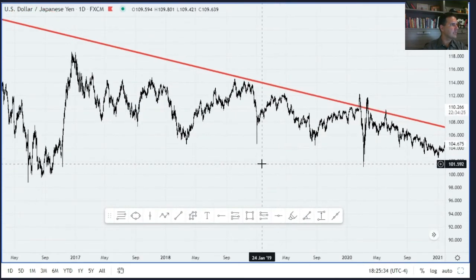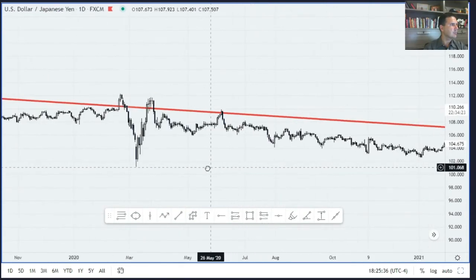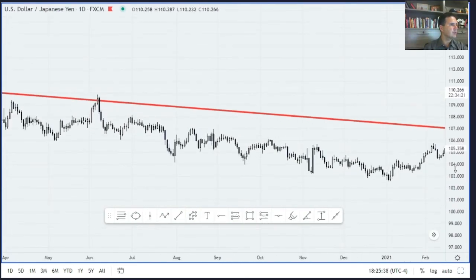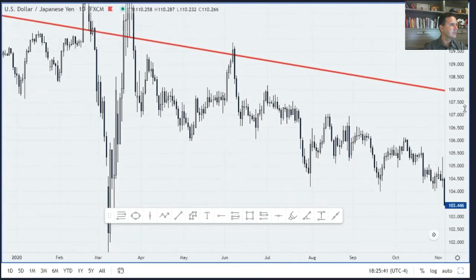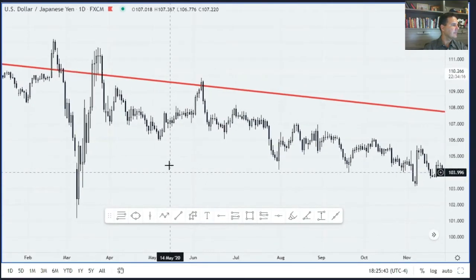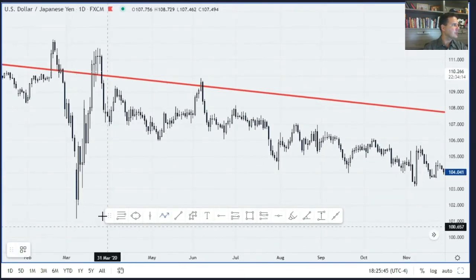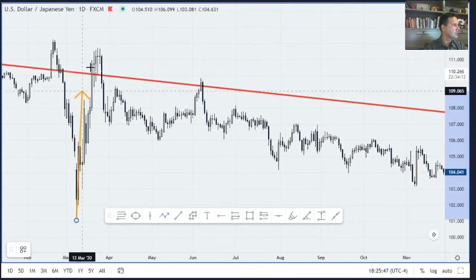Now, short-term trend, and we're going to compress the chart, and we're going to zoom in. So low to, remember, it must be a sequence.